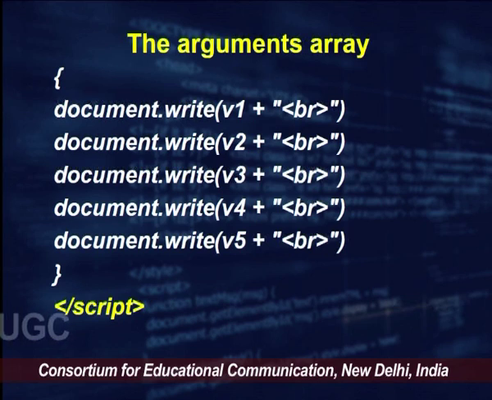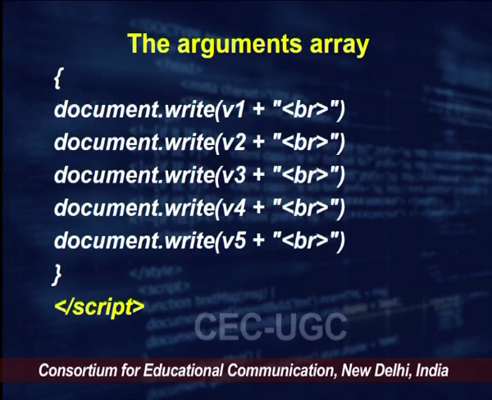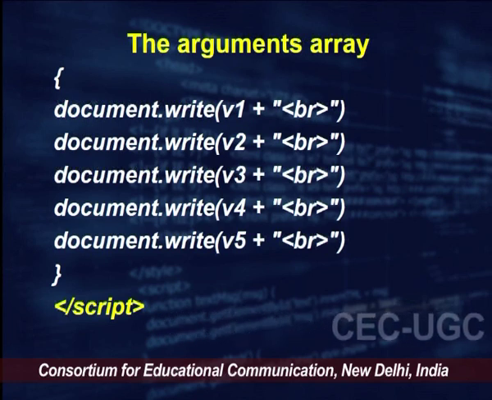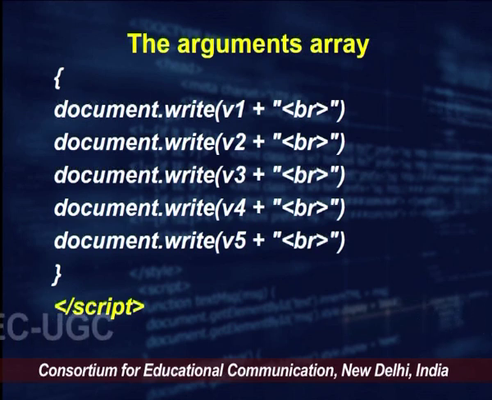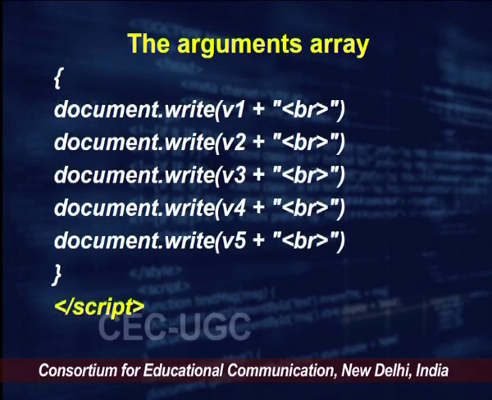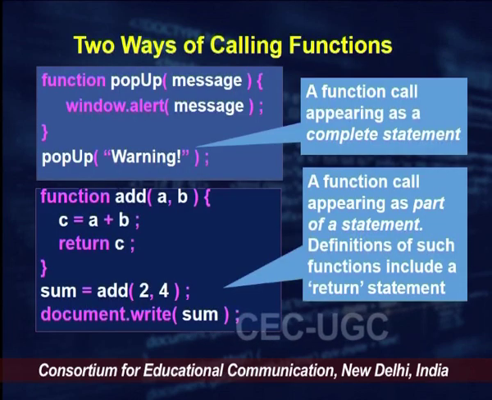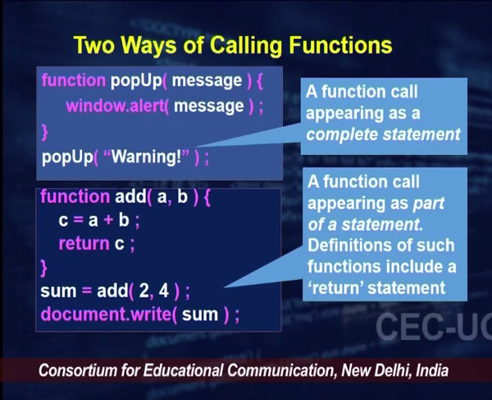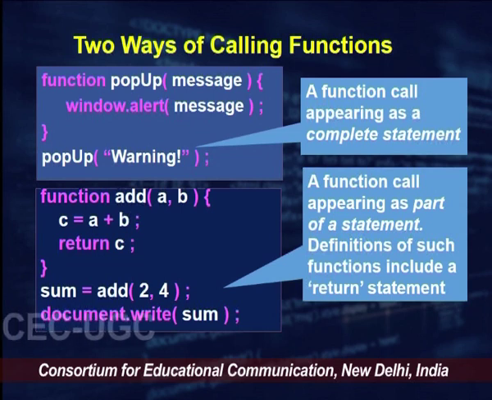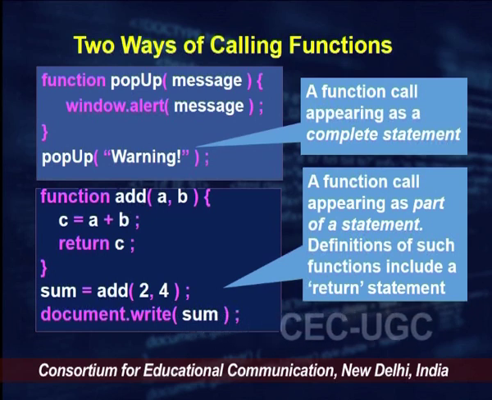Basically, when we call the function, we pass certain values to it, and in the arguments the values are copied, and the function is going to act on those values. Now, functions can be called in two ways. The first way is calling the function as a complete statement.